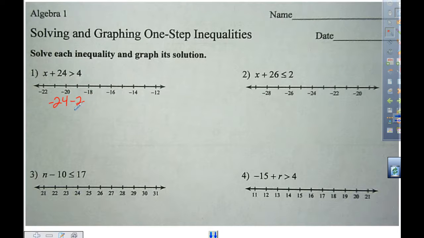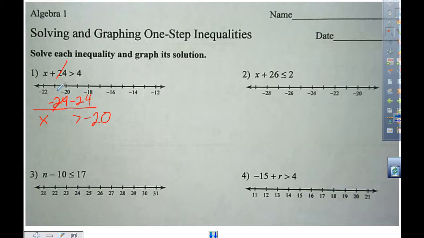So when you go through and solve it, minus 24 on both sides, 24's cancel out. So x greater than 4 minus 24 is negative 20. So this is saying anything bigger than negative 20 will satisfy this.